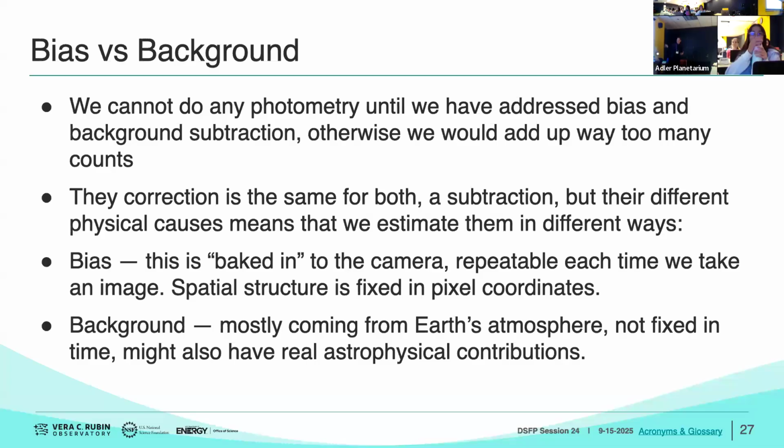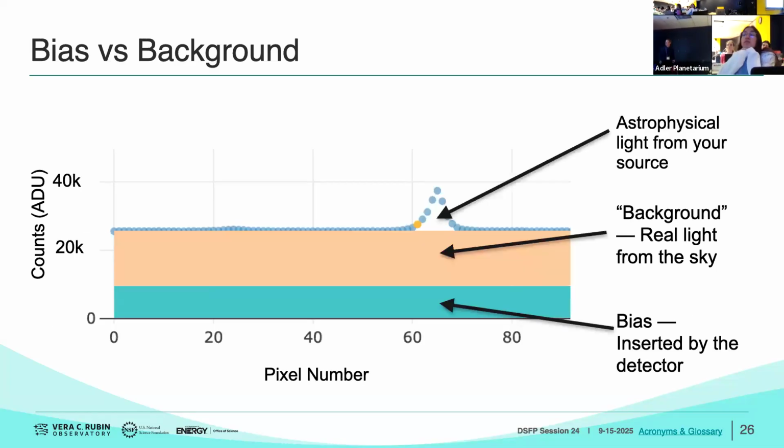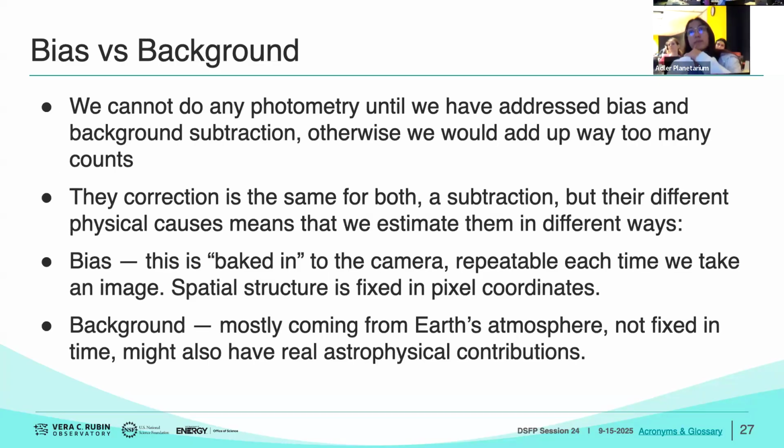We cannot do any photometry until we've done background subtraction. If I add up the light in this set of pixels, and I include all of the tan colored stuff, that's not light from the star, so I'm going to get the wrong answer. I need to only measure the light from the star, not the tan, not the blue. So we have to do background subtraction.